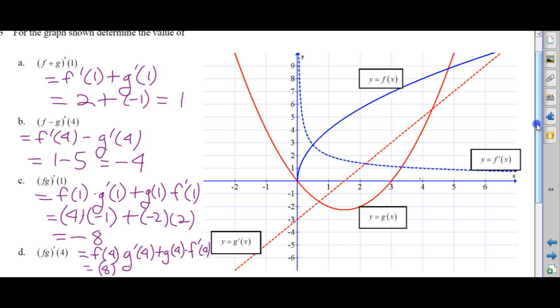Yeah. g prime of 4, so we're just looking along here, g prime of 4 is 5, plus g of 4, g of 4 is 4, and f prime of 4 is 1. So what's that, 44? 44.